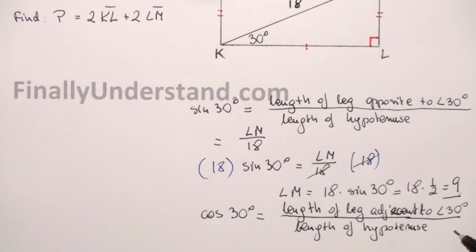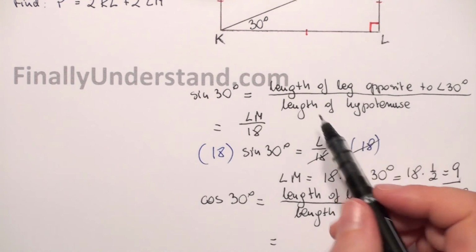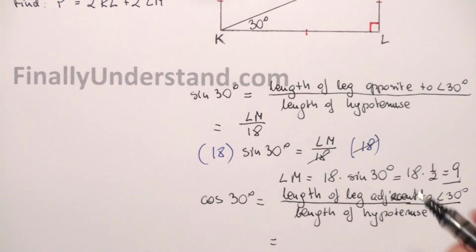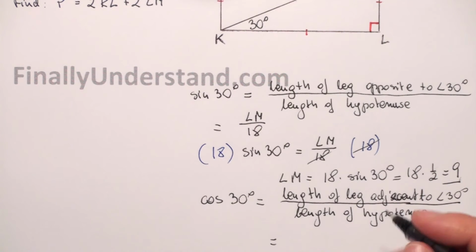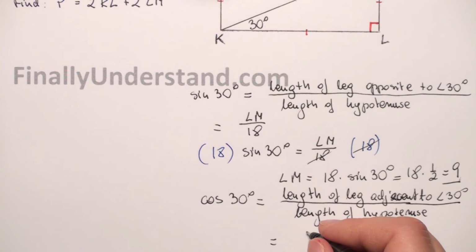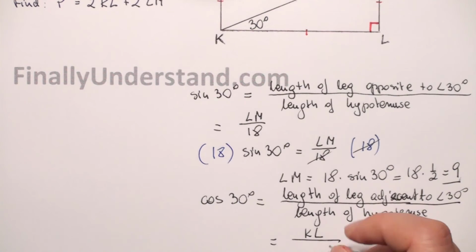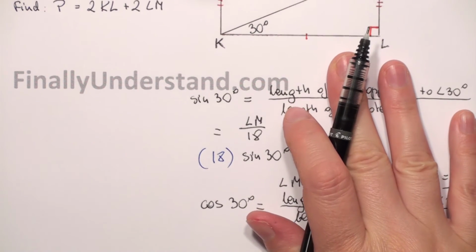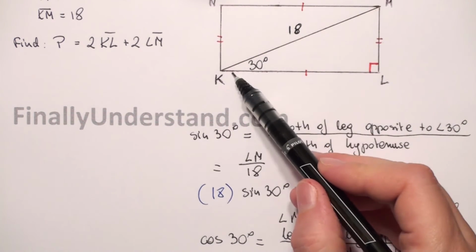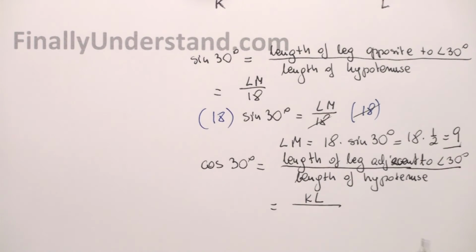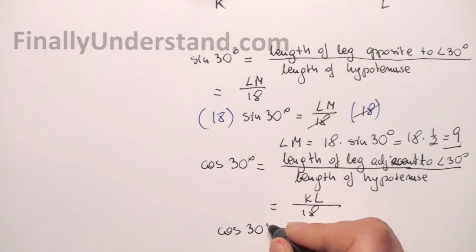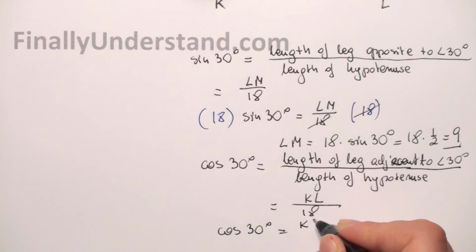So this is our KL, the length of the leg adjacent to the angle 30 degrees, and the hypotenuse is given, 18. So we can rewrite this one more time. We have cosine of 30 degrees equal to KL over 18.